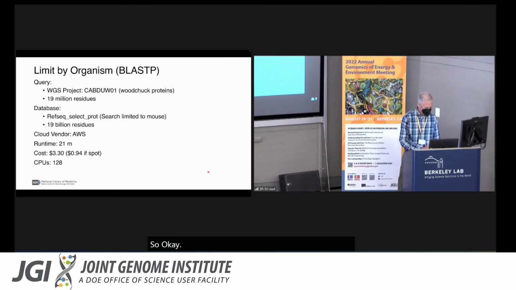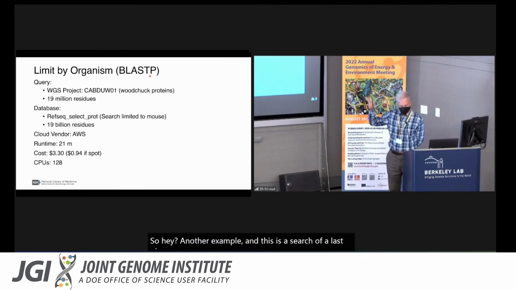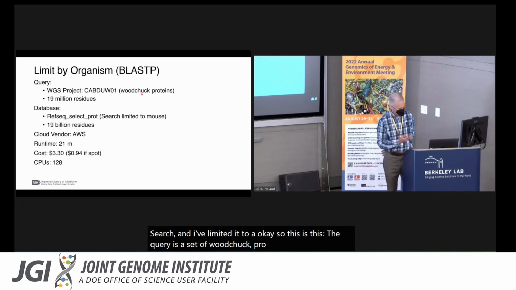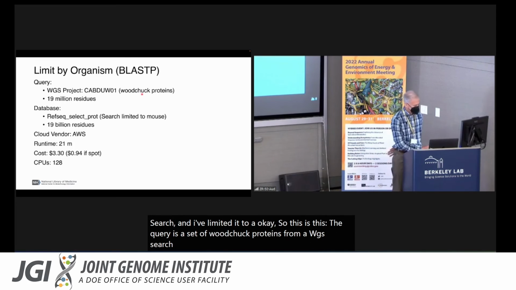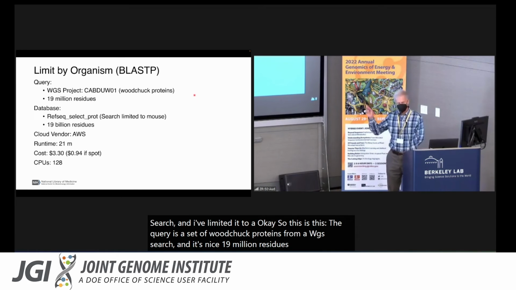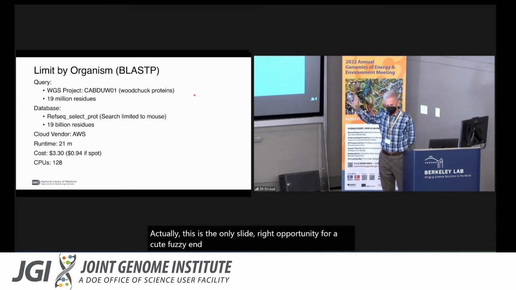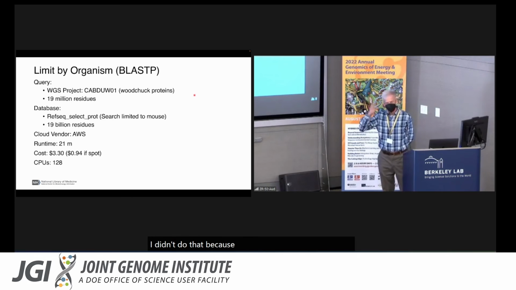Okay, another example, and this is a BLAST-P search. The query is a set of woodchuck proteins from a WGS search, and it's 19 million residues. Actually, this is the only slide where I had the opportunity for a cute fuzzy animal, and I apologize I didn't do that because I would have compared well with the people this morning.